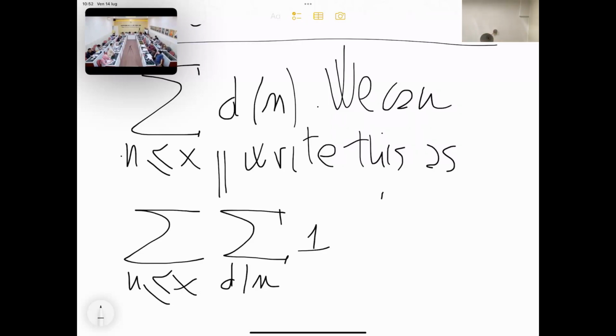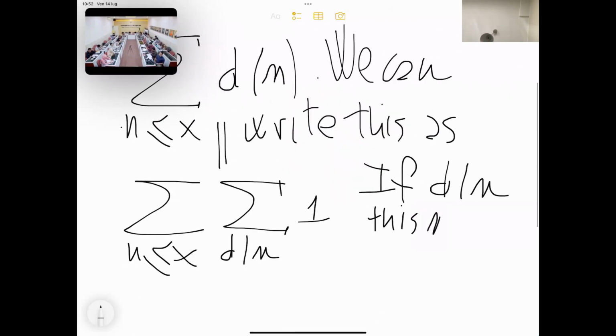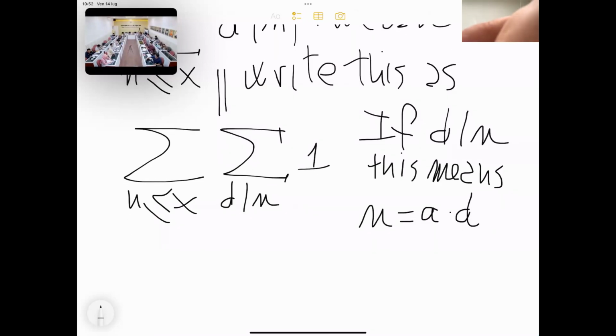And so if d divides n, this means that n can be written as a times d, right? And so for every n up to x, we count the number of d such that n can be expressed as a times d.